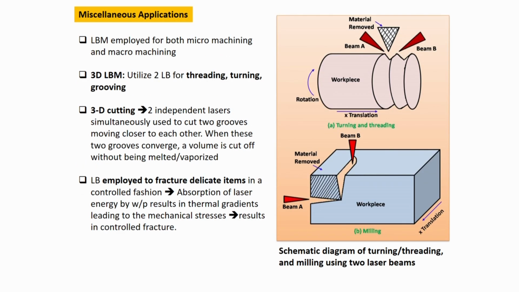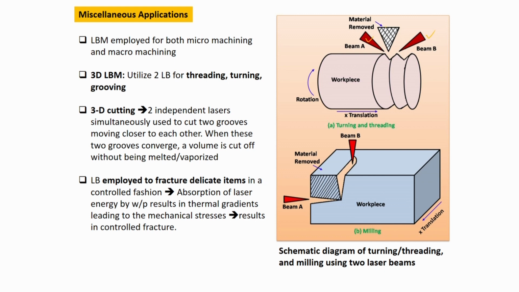So laser beam can also be used for miscellaneous applications, like you can do the turning operation, the threading operation, the grooving operation. In that case, more than one independent laser heat source is used. Here you can see this is one beam, another beam of the laser.